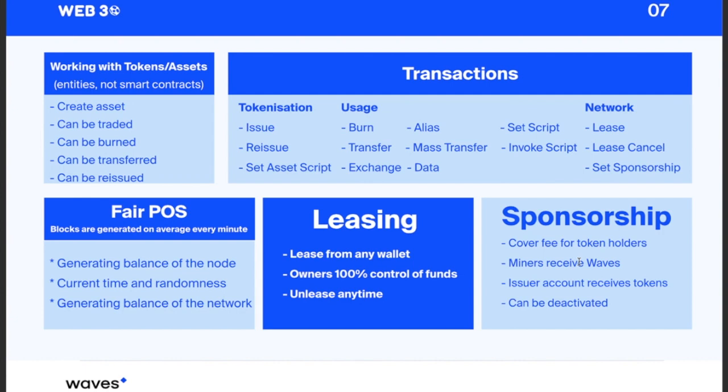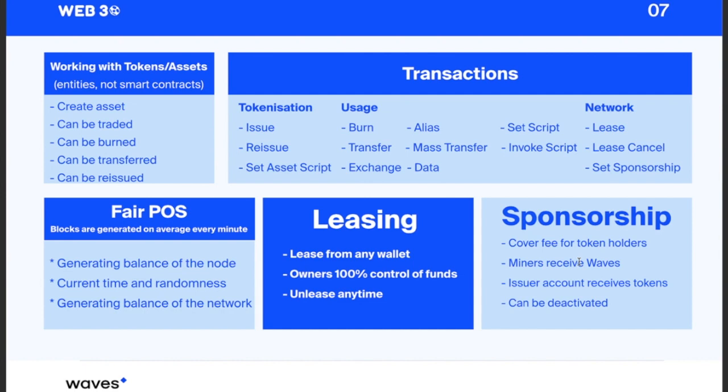But what happens? Remember, the miners receive Waves for mining a block. That's the reward they get for mining blocks, which comes from the network fee people pay when they do any transaction on the Waves blockchain. So with the sponsorship feature, the account issuer who created the token can enable sponsorship for the token.